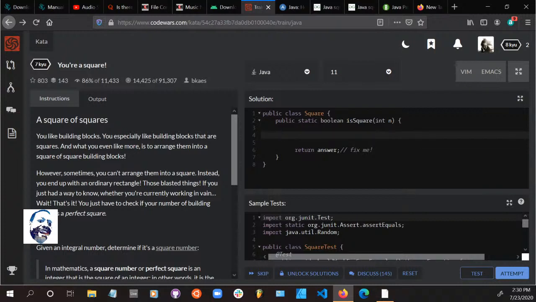First thing I need to do is get a double. I need to get the square, and I need to assign that to n somehow.